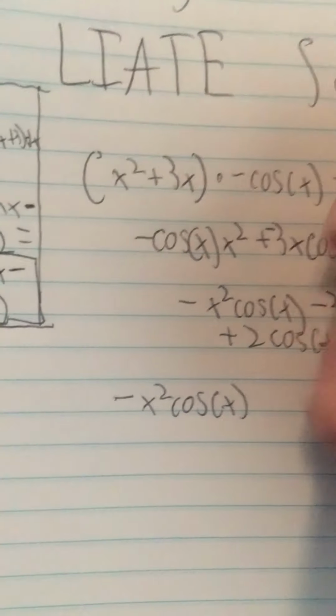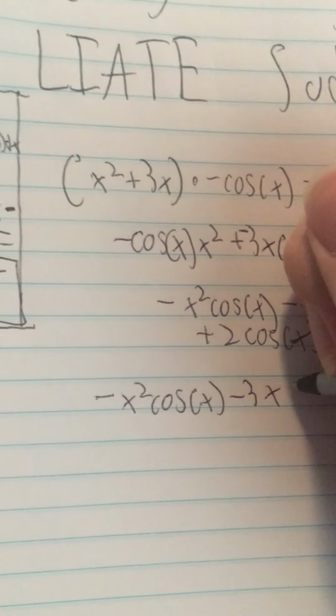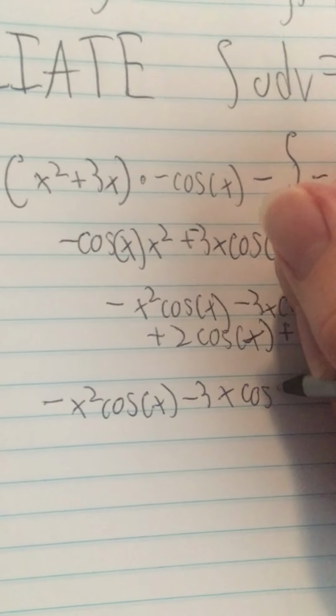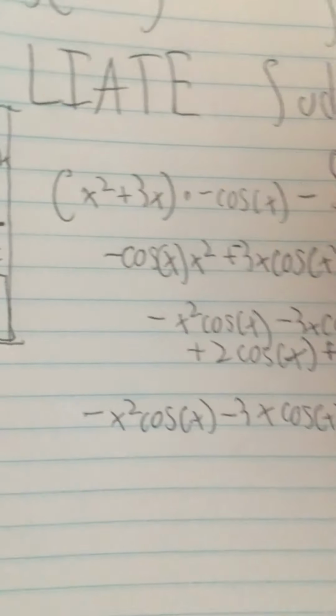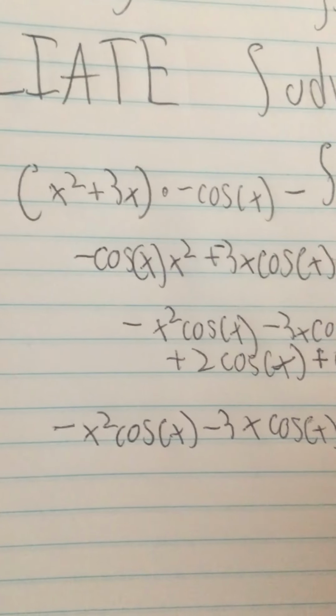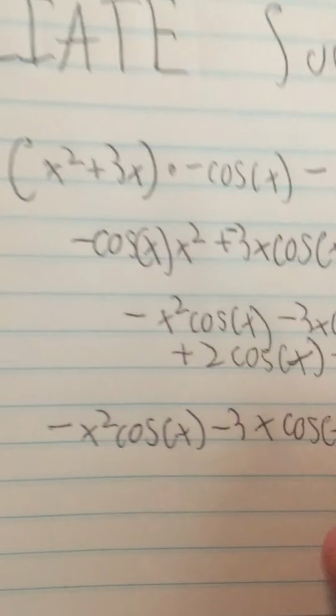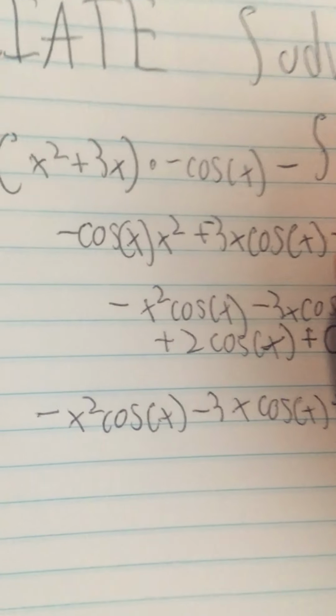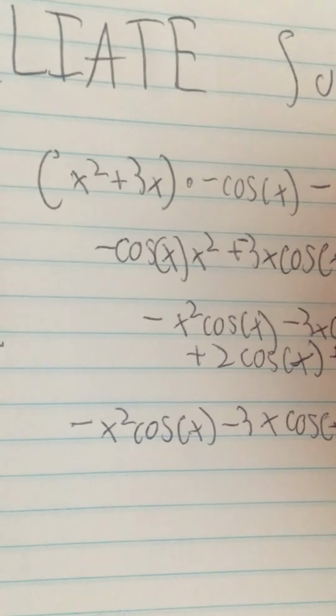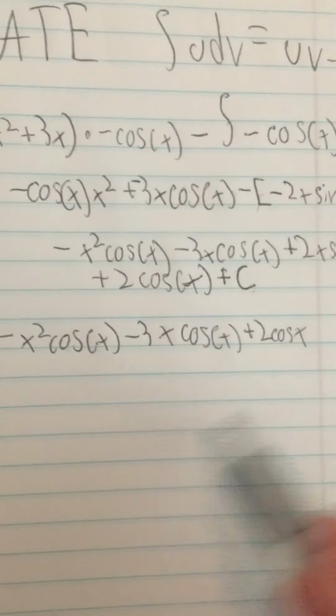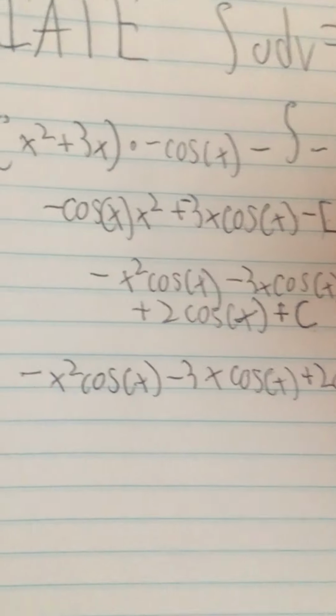Negative x squared cosine x minus 3x cosine x. Let's see. Actually, no, there's a plus 2 cosine of x. Sadly, that can't combine with any of these because they're not like terms.